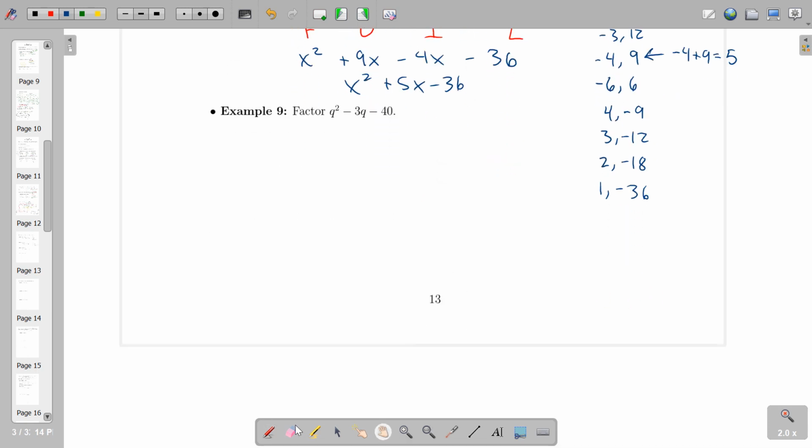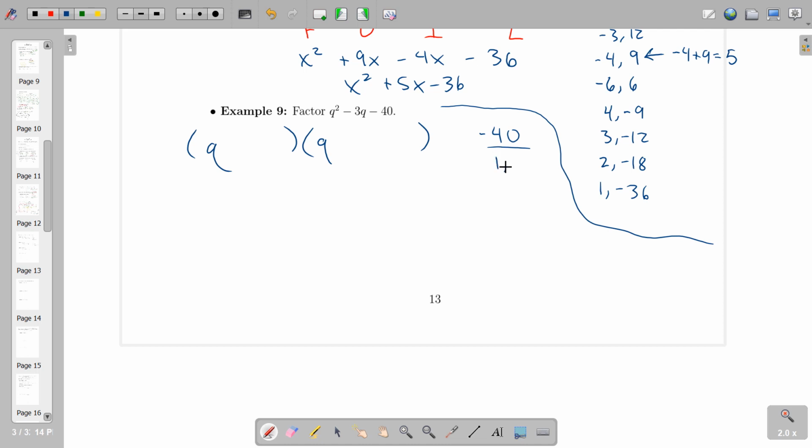All right, and then example 9. Now we've got a negative in the middle and a negative in the last, so we're looking for q and negative 40. Negative 40 is what we're trying to make.